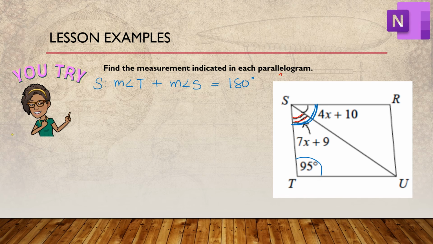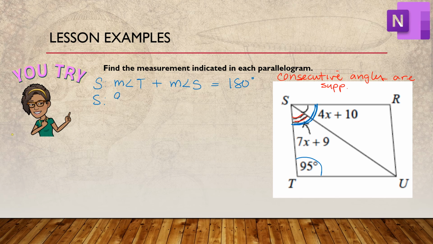We know that consecutive angles are supplementary. So that is the property that we are using. So now that I have a setup for the two angles, I can go ahead and substitute the values into those angles to try to find the measure of that little teeny angle right there, 7x plus 9.